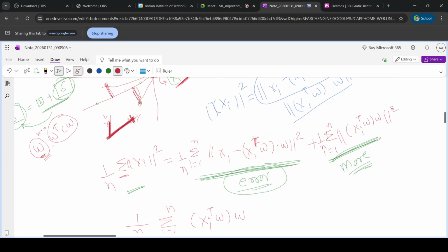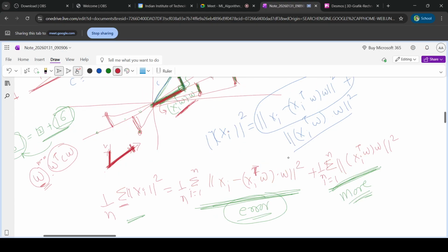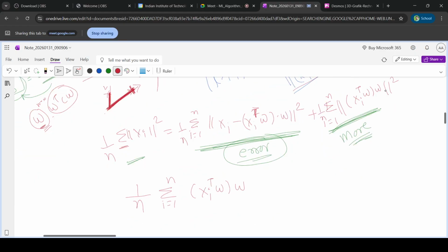So this should be squared. So we want W square. How you write it: a xi W means a square and W square together, and W square is 1. So you don't need to write that, so if you just remove this W it is also good.